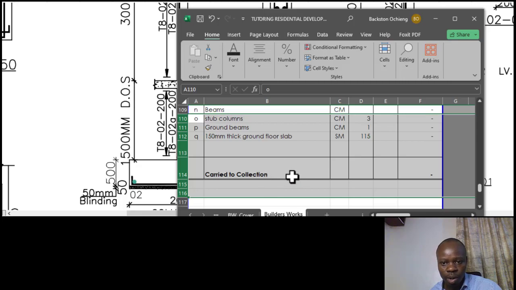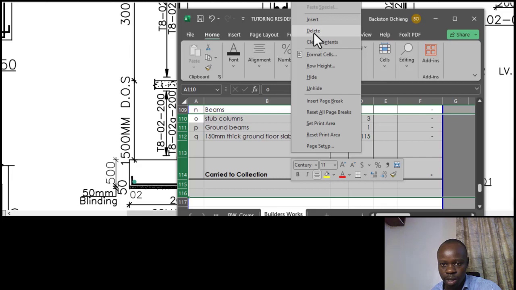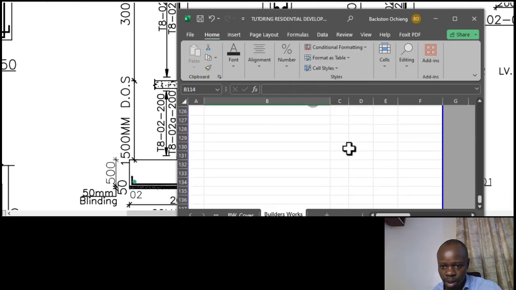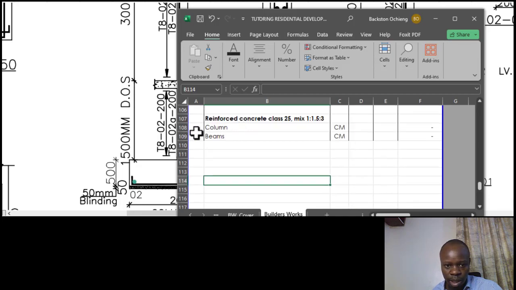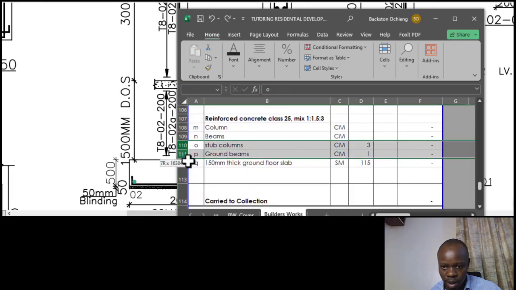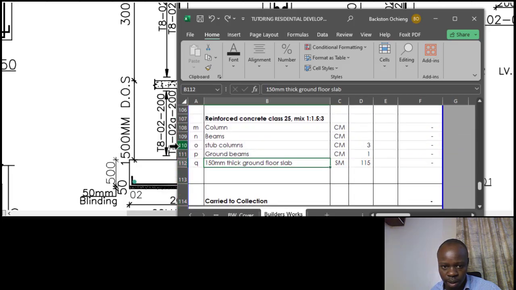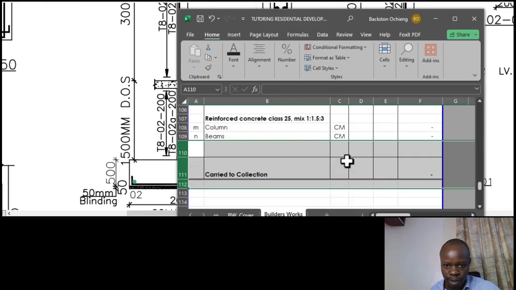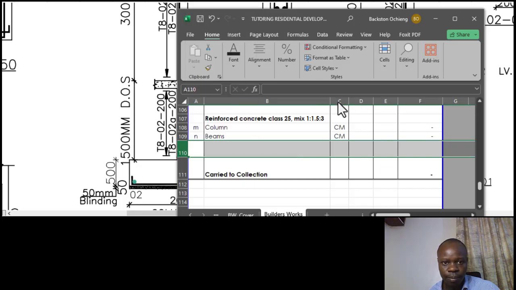So I'll also delete these ones here. Just want to make, just undo. I'll delete these ones, not everything, and then I'll insert.